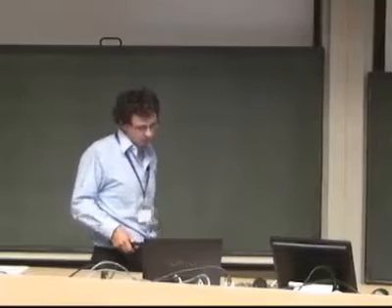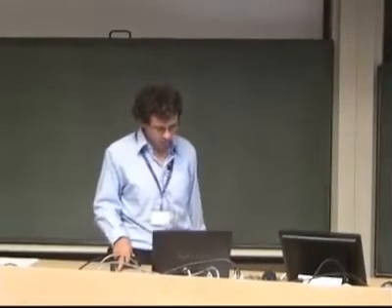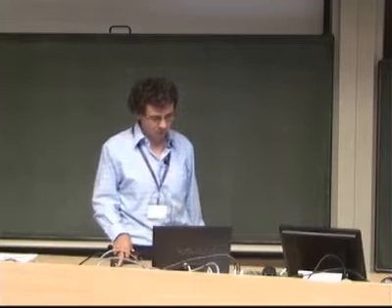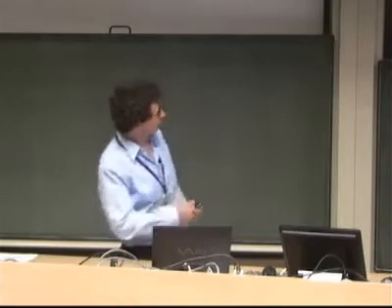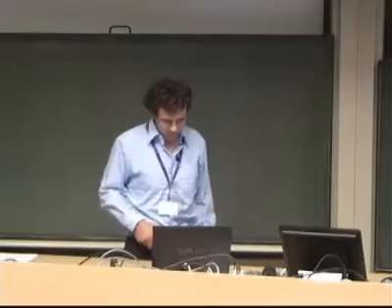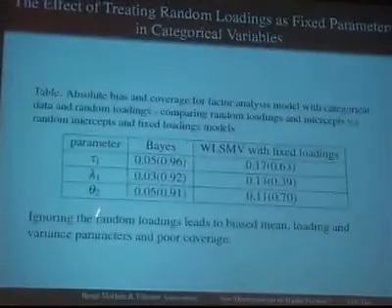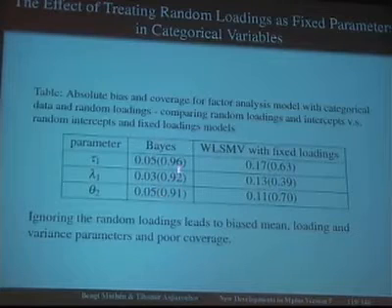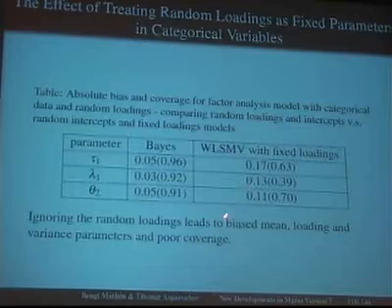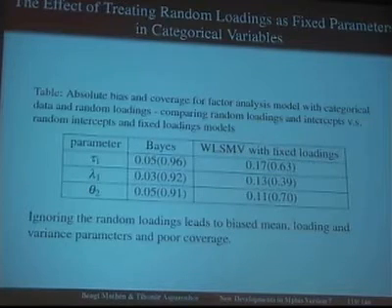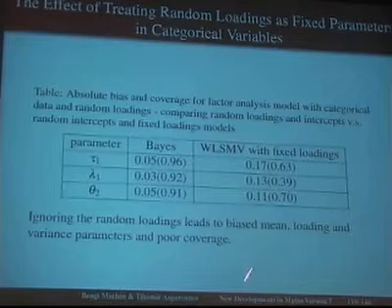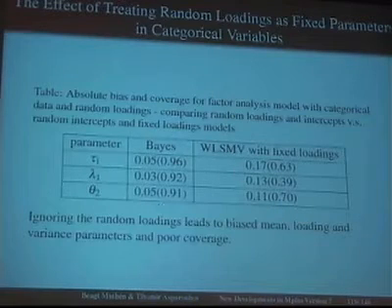So what happens when you have categorical data and you pretend that the loadings are fixed? In that case, the situation is actually worse, because while the Bayes estimator has pretty much no bias and very good coverage, the weighted least square estimator has much bigger biases, and the coverage is pretty poor for all the parameters, including the loading.